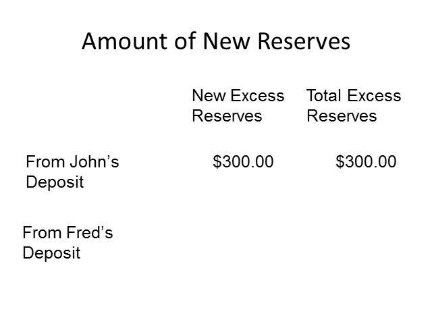Fred takes his $300 loan and deposits it into the bank. The bank has now $200 in excess reserves. If the excess reserves from John's deposit are added to the excess loans created by Fred's deposit, a total of $500 worth of money is created so far from a $400 deposit.